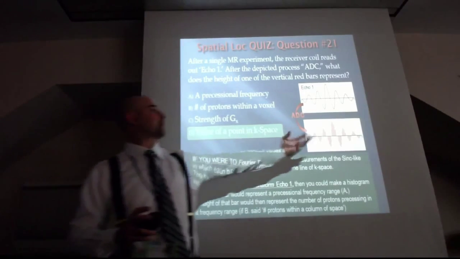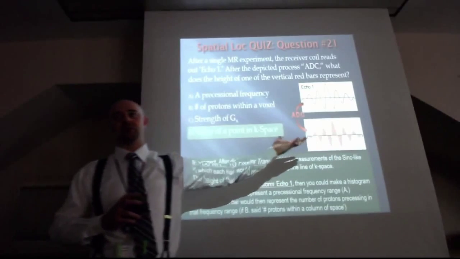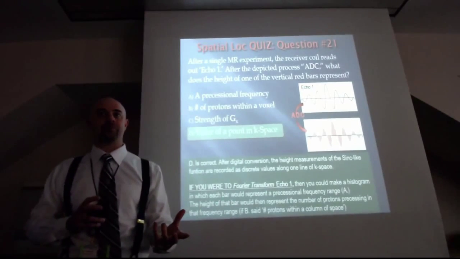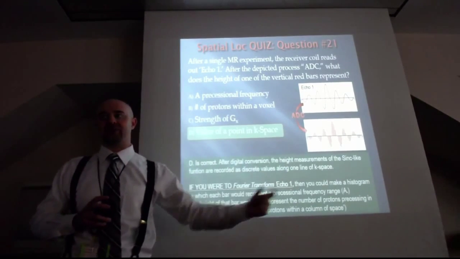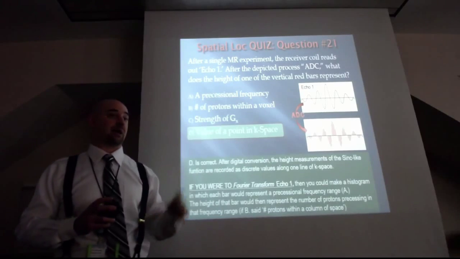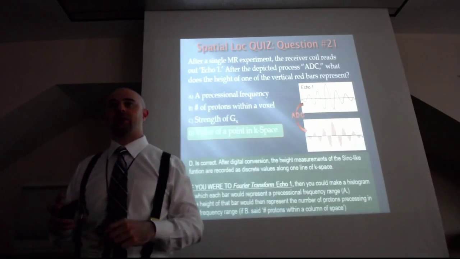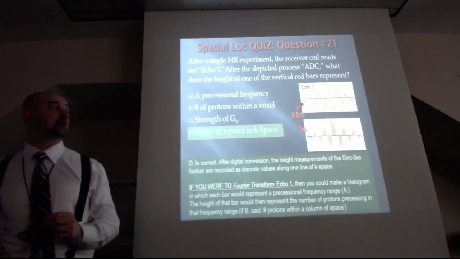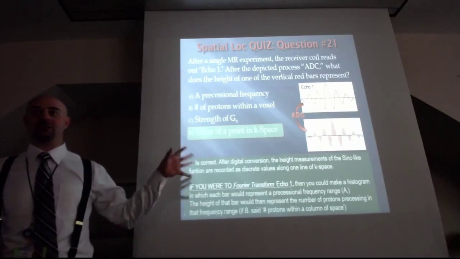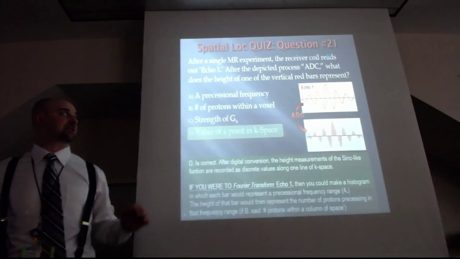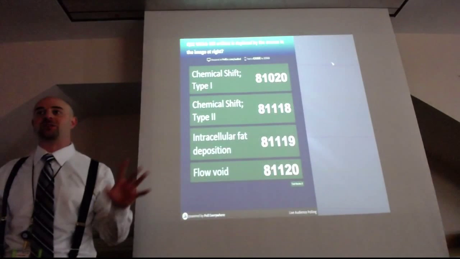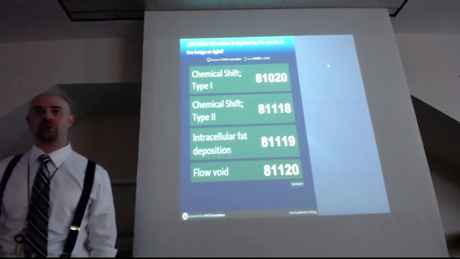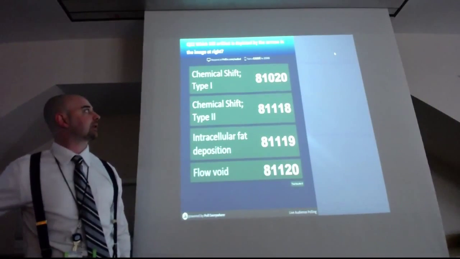If you were to Fourier transform this, you would get a histogram. Each bar would represent a different frequency, and the height of those bars would represent the number of protons, right? I want to make sure that point's clear, because we're kind of not talking about reality when we talk about doing 1D Fourier transforms on echoes, because that doesn't happen in real life.